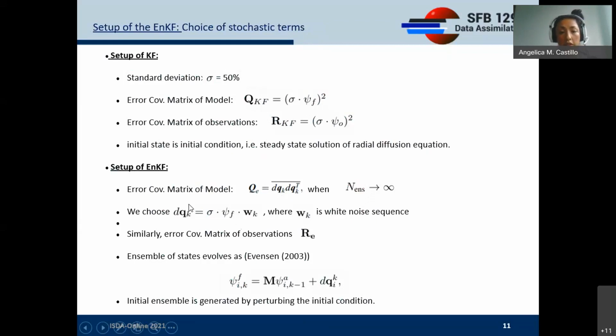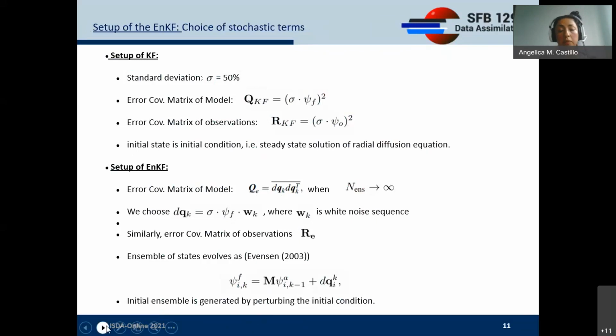So we choose a stochastic term dq that looks like this, where W is simply white noise, and R_E is constructed in a similar way, but we replace this here by the observations. The ensemble of states would evolve by this equation where M is the model. And to generate our initial ensemble, we take the initial condition or the initial state that is used in the Kalman filter, and we perturb it similarly as I just described.